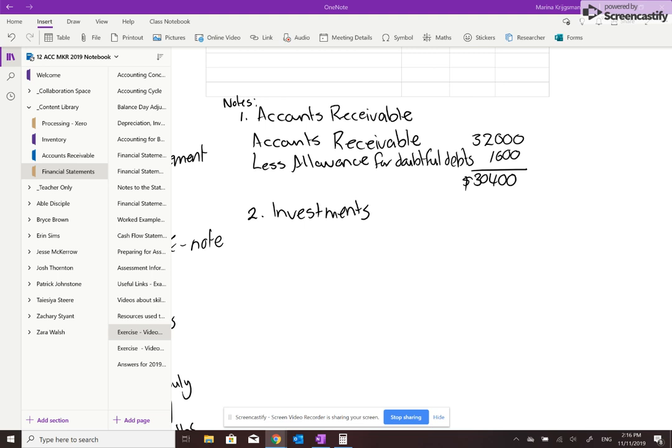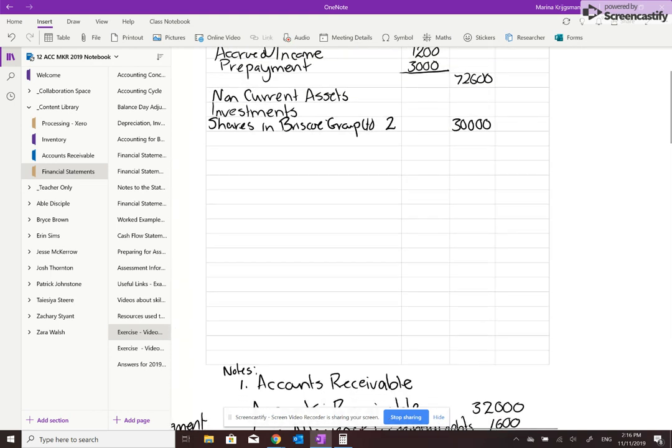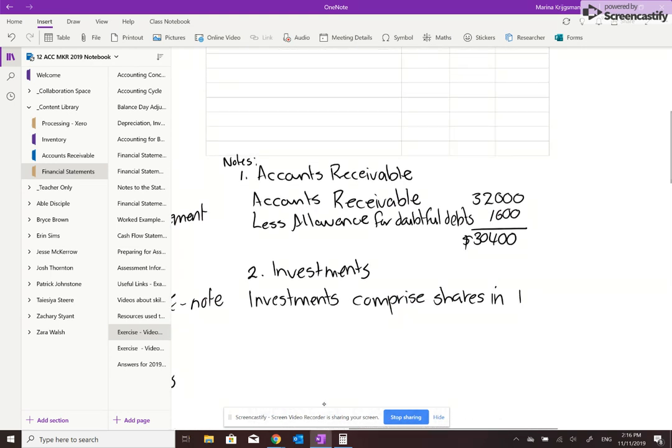Okay, so our statement that we need to write for investments is: investments comprise shares in, and it'll be the name of the company. So shares in Briscoe Group Limited.